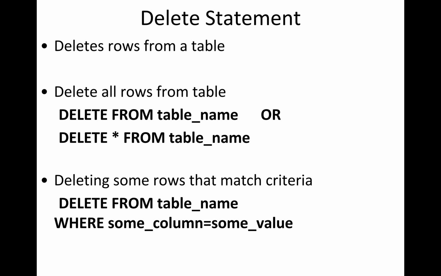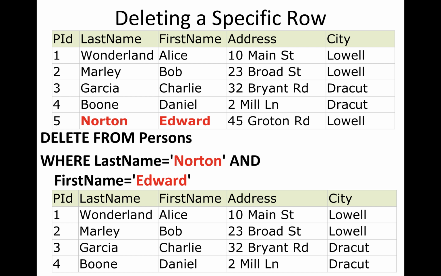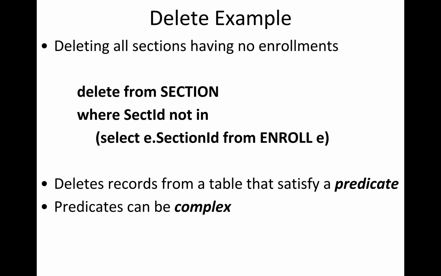Here we are saying, just delete those records that meet a particular criteria, and then those records are removed. So here we are removing from the persons table someone whose last name is Norton and first name is Edward, and that's the last record, number 5, and then it's no longer in the resulting data set.